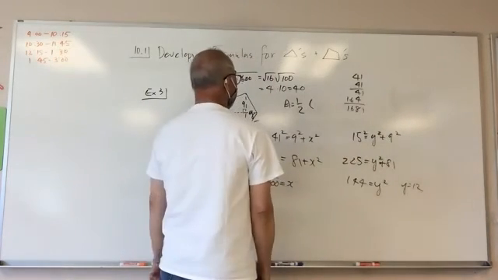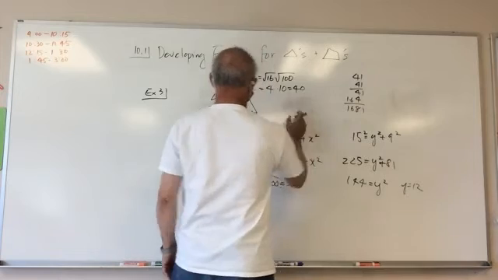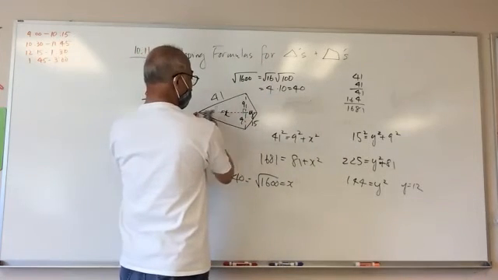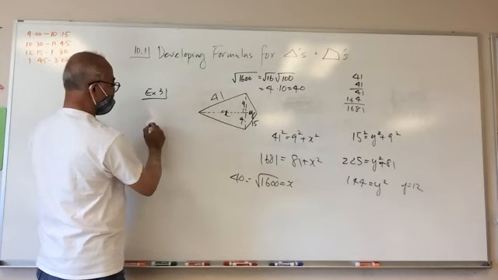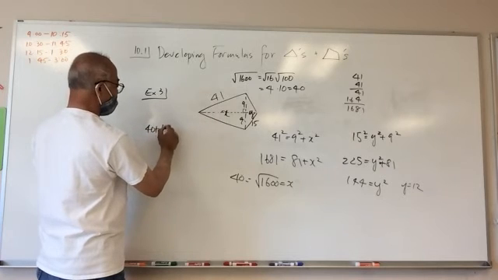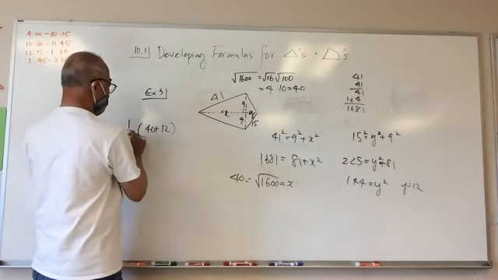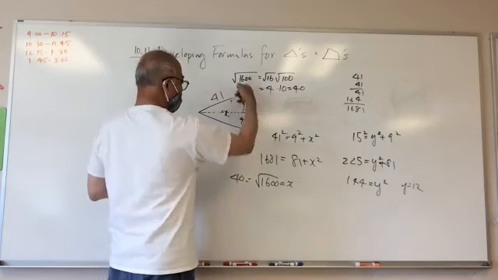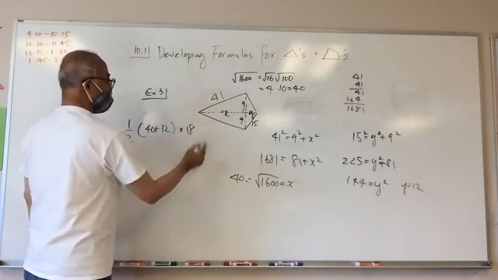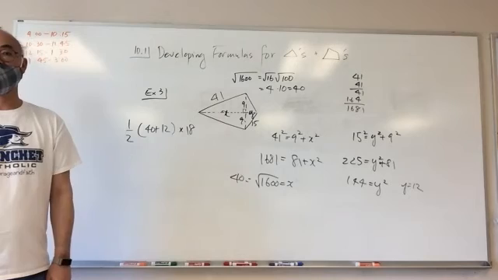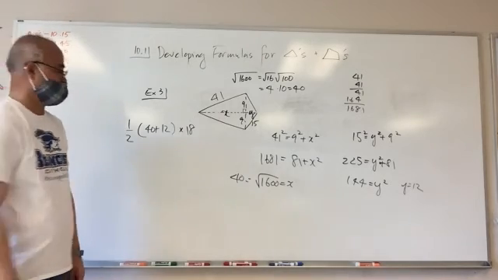Therefore, I found one diagonal. What is that? That is x was 40 and y was 12. That was D1. D2 is going to be equal to 18. 9 plus 9, 18.